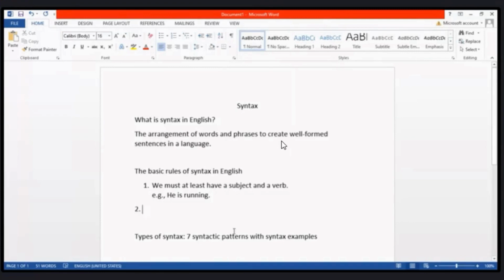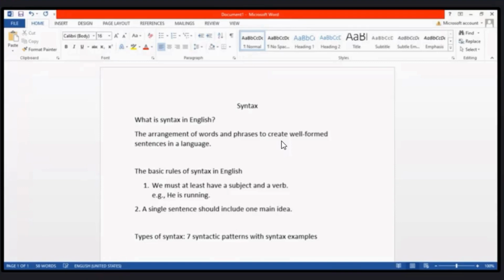Okay, for our second rule. What must we have when it comes to the basic rules of syntax? A single sentence should include one main idea.